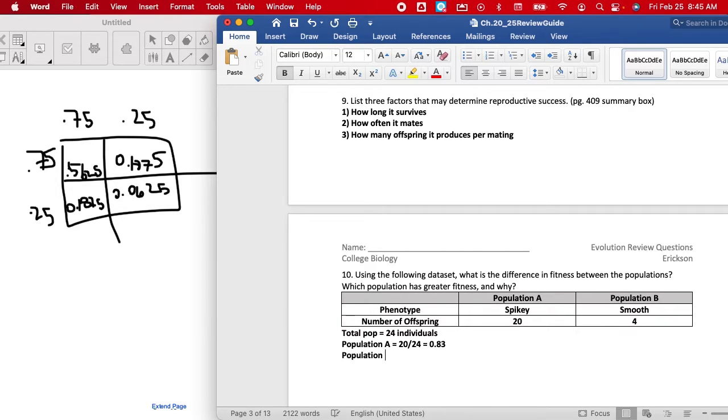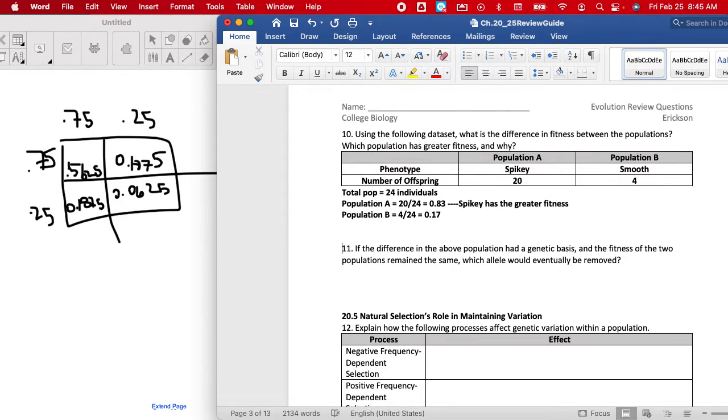Population B, 4 divided by 24, 0.17-ish. Then you take a look at the difference of the two fitness values. It's huge, because they're spiky and can defend themselves. Population A, the spiky one, obviously has the greater fitness.